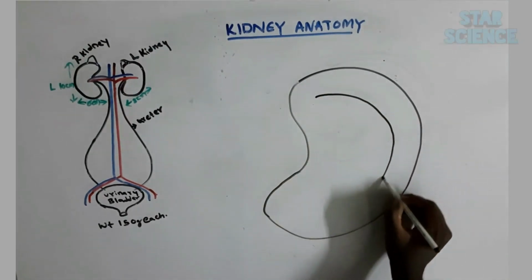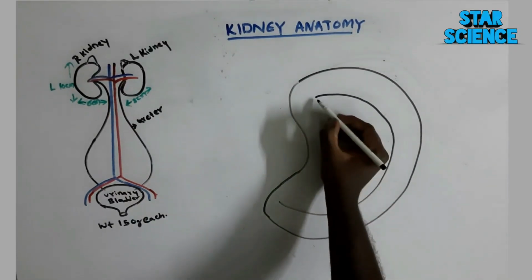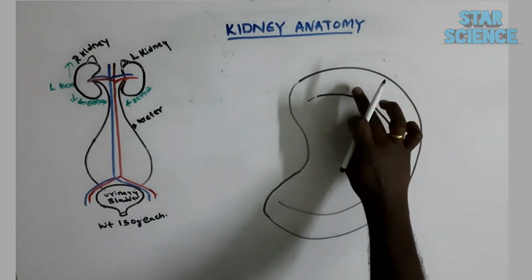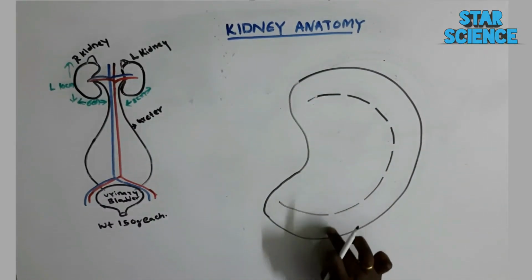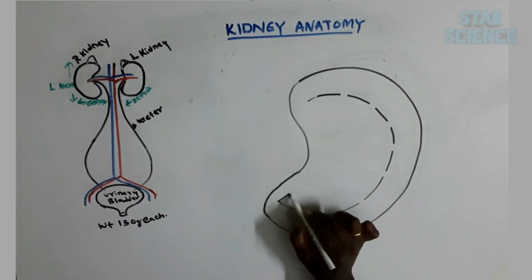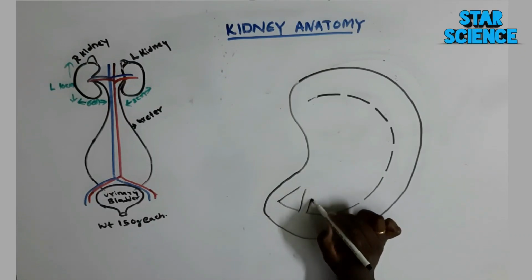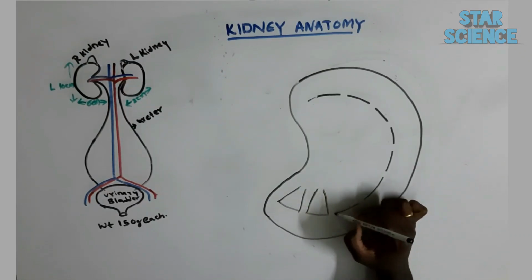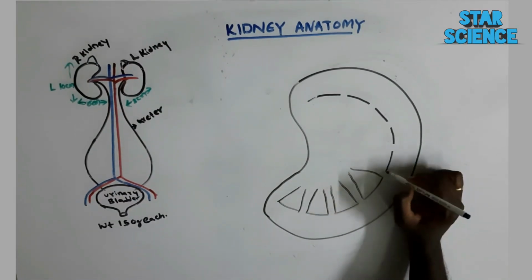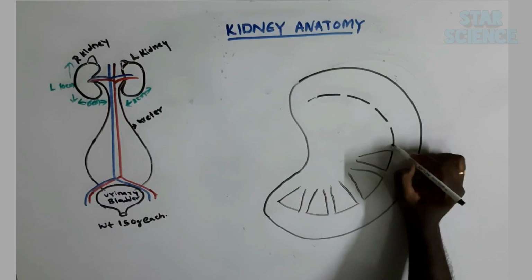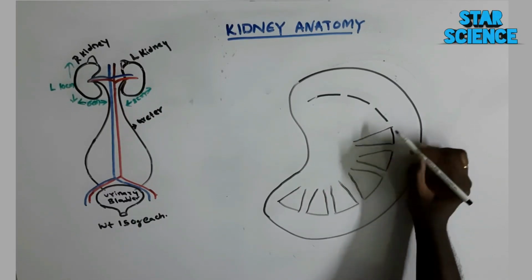Now I am drawing the cross section of the kidney. It is the renal column that splits. Now I am going with the renal pyramids, and you have to remember the region where I am drawing right now.